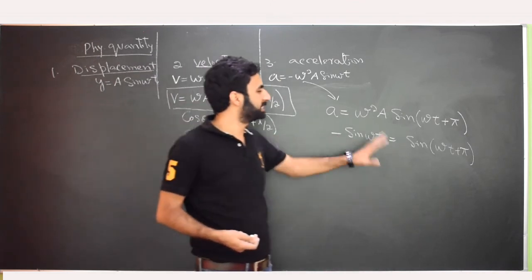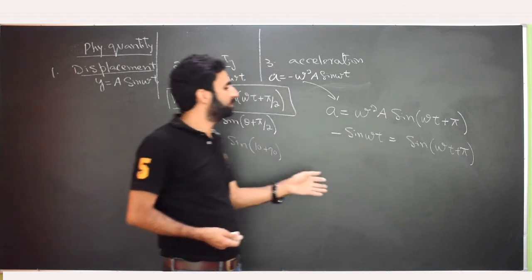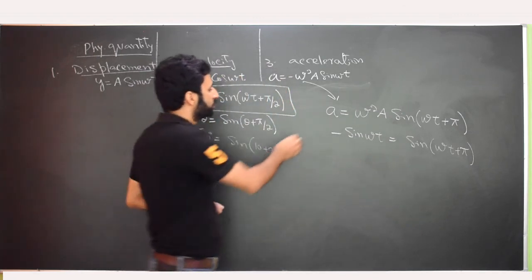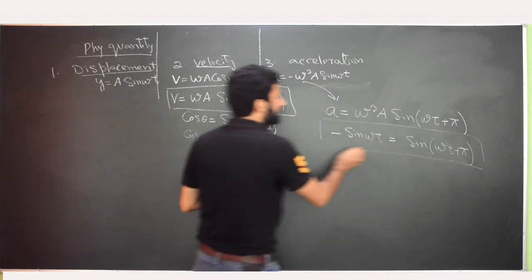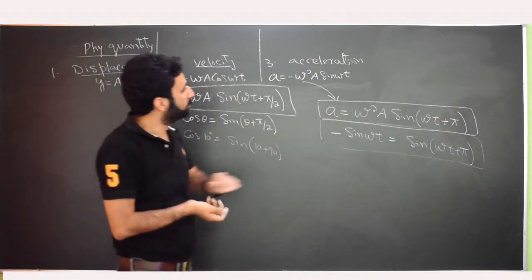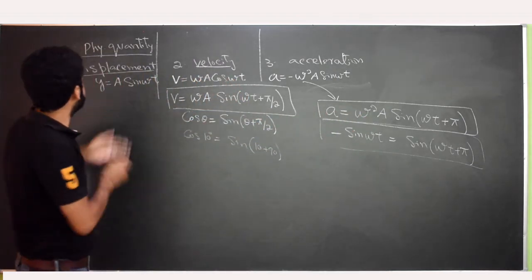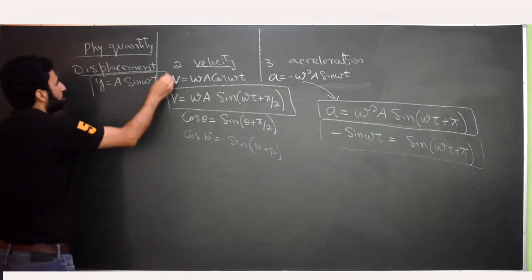Meaning whatever value sine 90 is, sine of 90 plus 180 will be exactly that value but with negative sign. So this trigonometric identity we have used there. So we have now got acceleration of a particle executing simple harmonic motion given by this equation, velocity given by this equation, and displacement given by this equation.